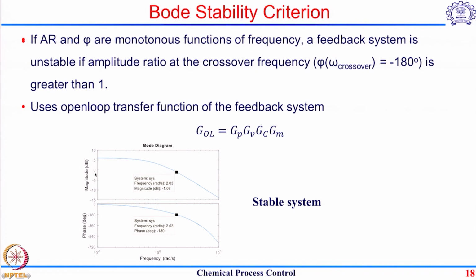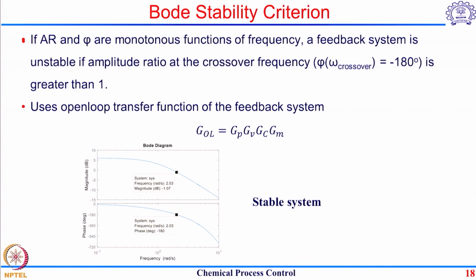In MATLAB, AR is given in decibel units, so it is 20 log of amplitude ratio. If amplitude ratio is equal to 1, this decibel value will be equal to 0. As long as this decibel value is positive, which means AR is greater than 1, the system is unstable. Here this decibel value is negative, so the system is stable.